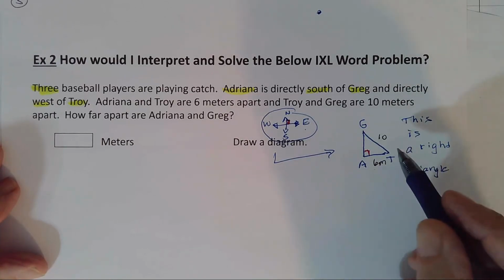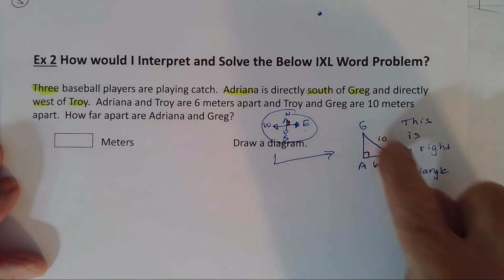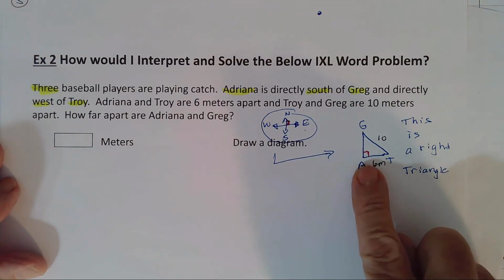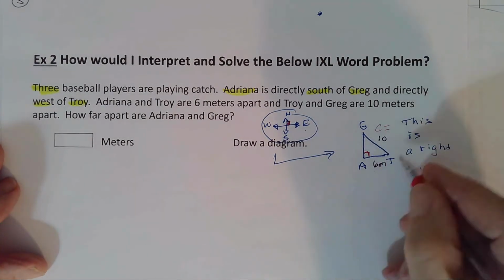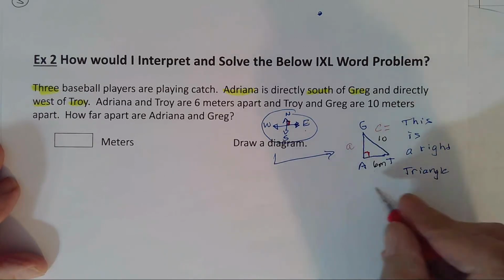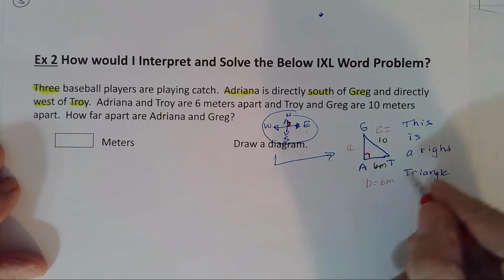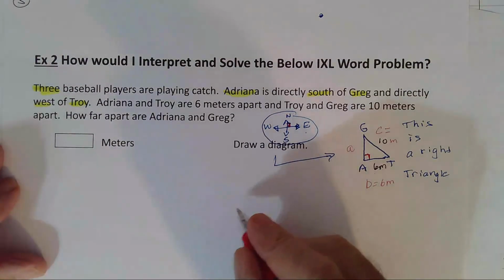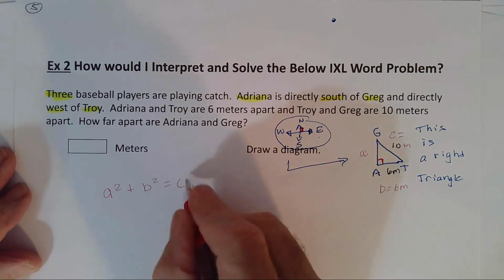Now, which one is the C? Well, which is the longest side? It's got to be line segment GT, which is directly across from angle A, where the right angle is. So this is obviously C. And so we can say this is A if we want, and this is B. So B equals 6 meters, C equals 10 meters. All right? So A squared plus B squared equals C squared.